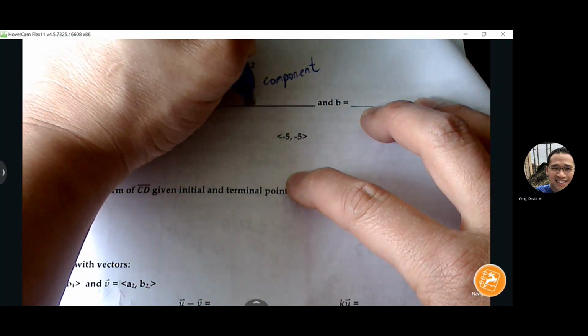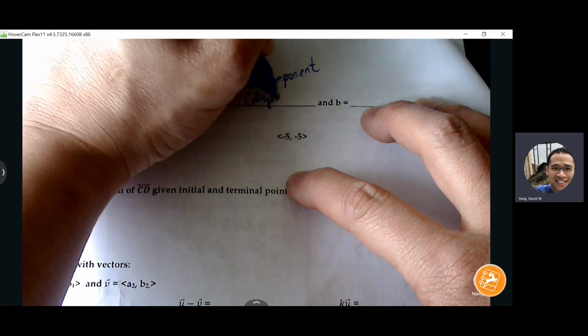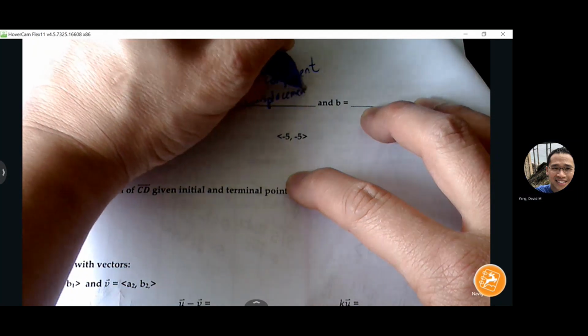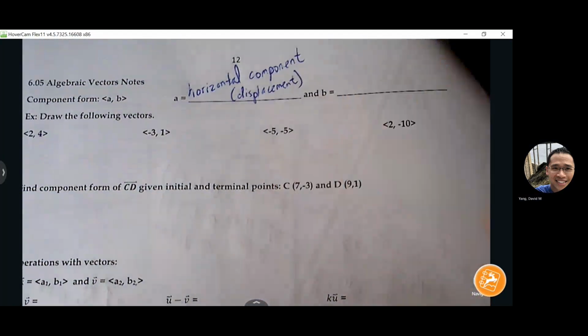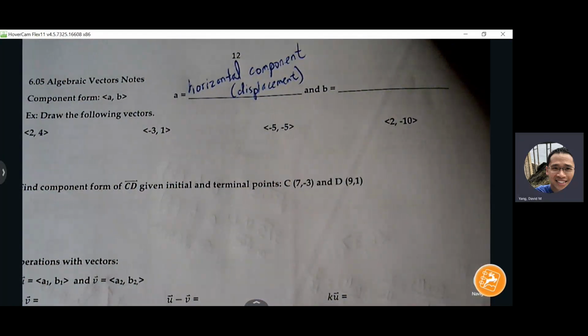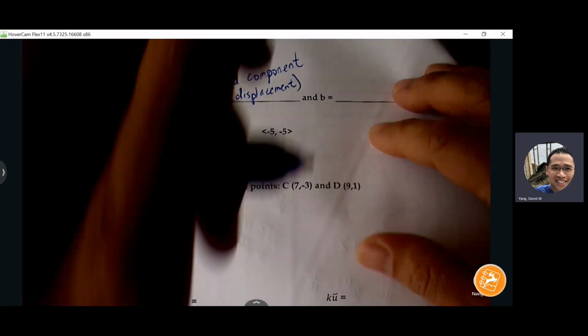Think of it as your displacements. That's just how much progress you've made from your starting to ending point. So horizontal component, and then your b is your vertical component or your vertical displacement.